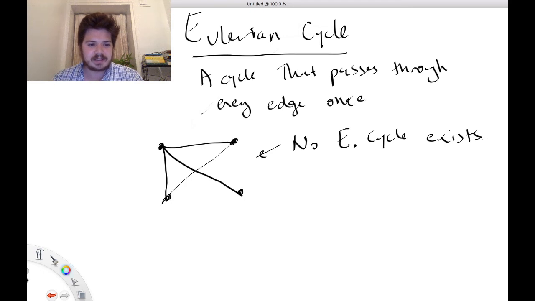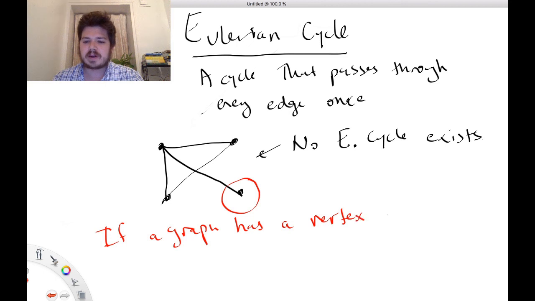But the answer lies in this vertex here. So if a graph has a vertex of degree 1, then no Eulerian cycle exists.